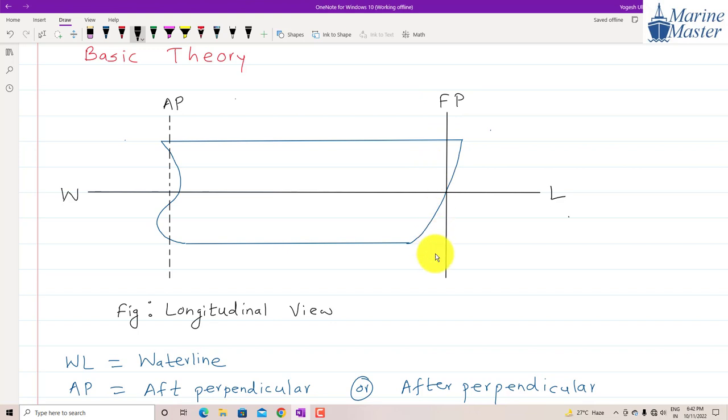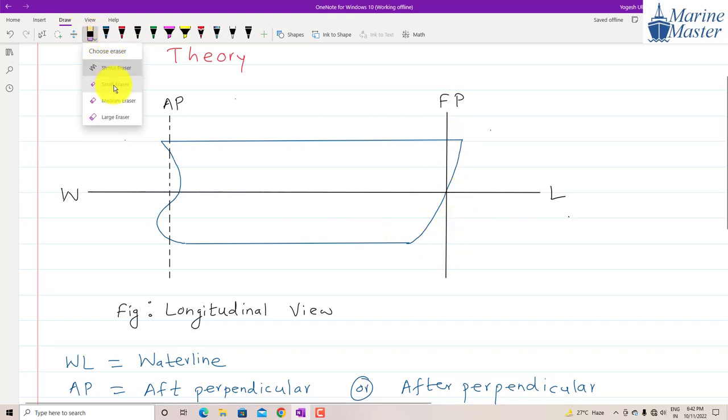Now what is meant by FP? FP is the line which passes through the forward portion of the ship. Wherever the forward portion and the water line intersect, from that point FP is going to pass, and we say it as forward perpendicular. What is the meaning of FP? FP means forward perpendicular.